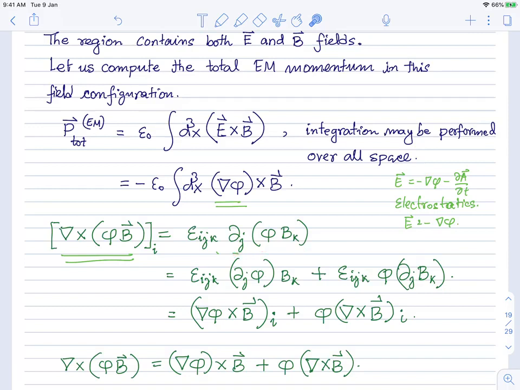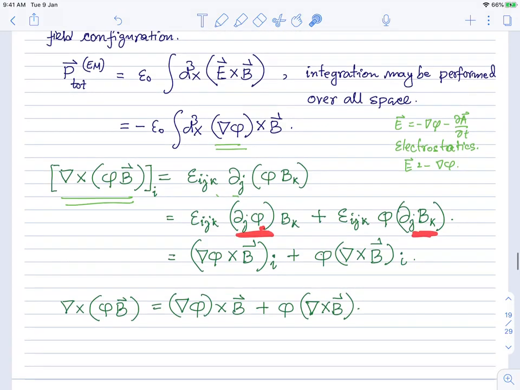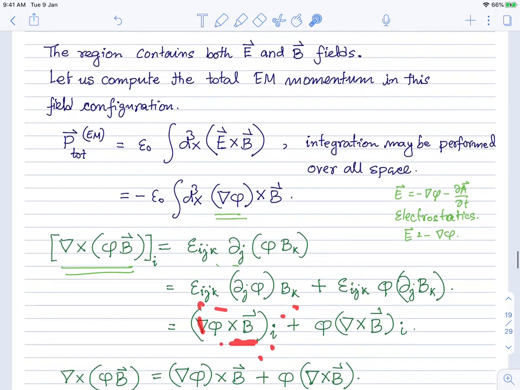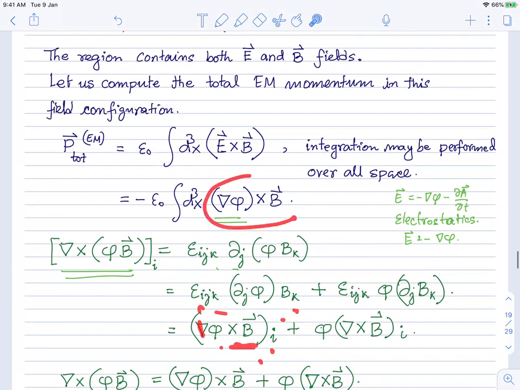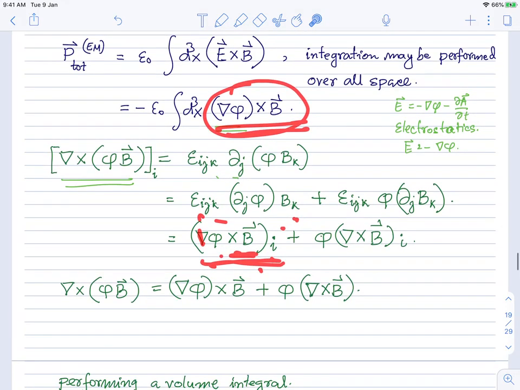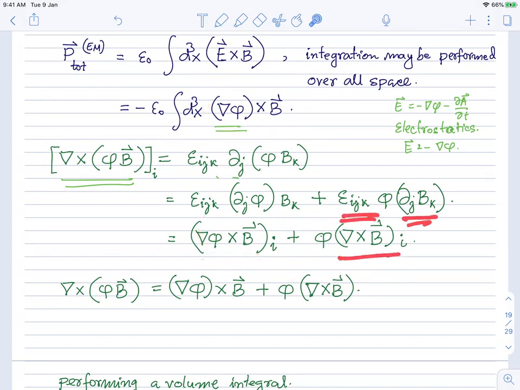So there will be two terms, one where it acts on phi and the other where it acts on B_k. The term where it acts on phi will be the gradient of phi cross B, and the i index will just come over. As we can see, this is what we have here, gradient of phi cross B, that is this term. And then there is an additional term where the phi comes out, the derivative doesn't act on it, and this together forms the curl of B. So it's phi times curl of B here.